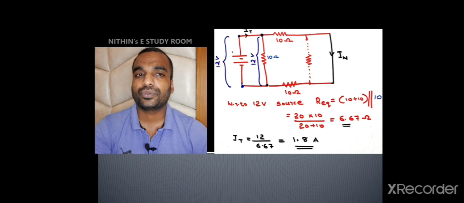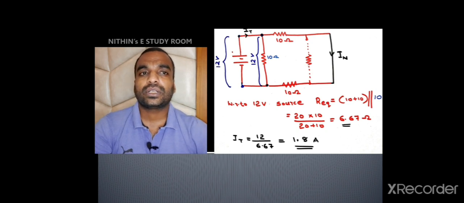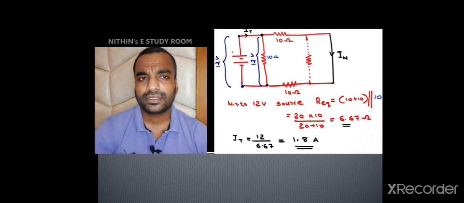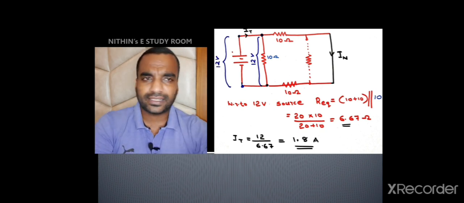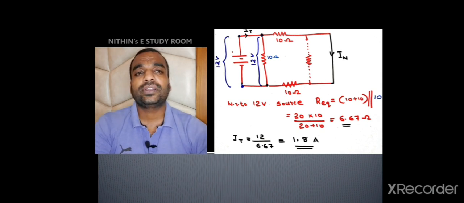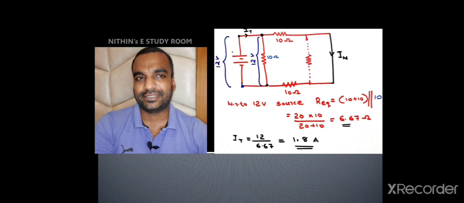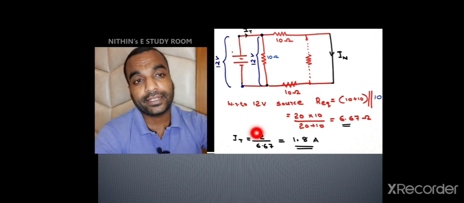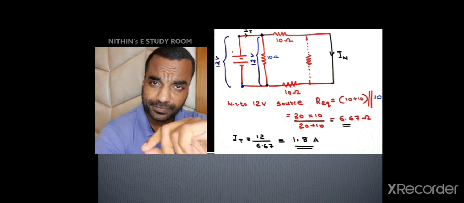Anyhow, you didn't get the IN yet, the only thing you got now is IT. IT is 1.8 ampere. So after completing this entire calculation, I will explain another method. In that method, you will find IN in a single step. Okay, let it be. Now anyhow you got IT, which is equal to 1.8 ampere.